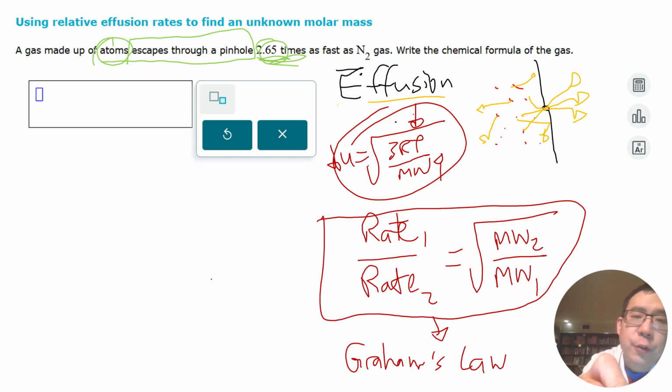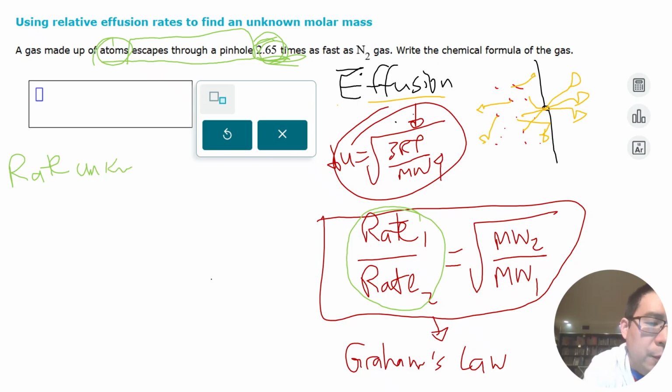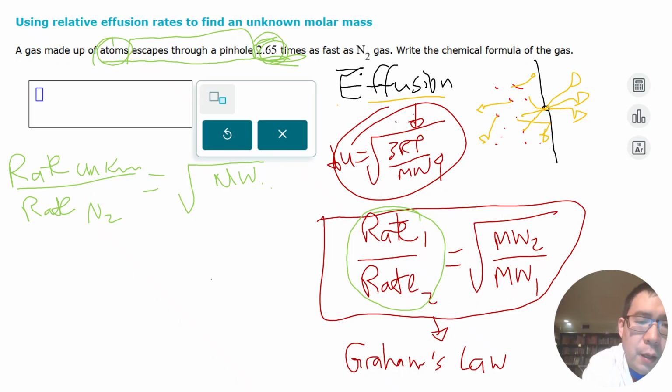And that means it's lighter than N2 gas because it moves faster. And so what's this 2.65? That 2.65 is this, rate 1 over rate 2. And so it's the rate of the unknown over the rate of N2 equals the square root of the molecular weight of N2 over the molecular weight of the unknown.